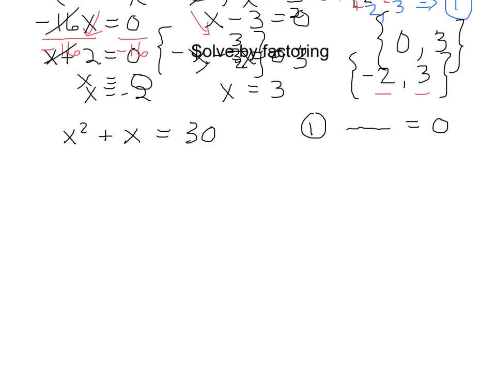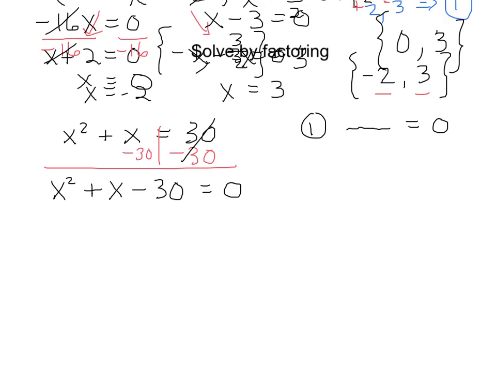So in this case, we're going to have to move that 30 on the right side to the left. But notice it's not a like term with anybody. So it's going to kind of get tucked in the end. So we'll have our x squared plus x minus 30. And of course on the right side there's nothing left, but we put 0 as a placeholder. So everybody to the same side equals 0.